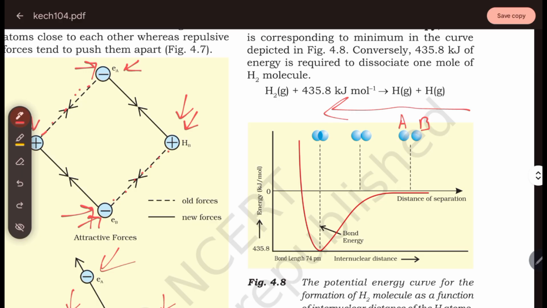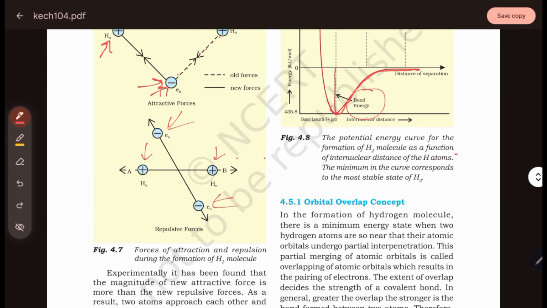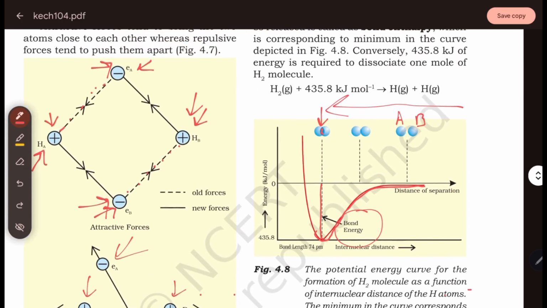When the distance is decreasing, we can see the energy is becoming lower and lower, and there occurs a minimum energy, where the bonding of the atomic orbitals is occurring. There is a region which is common to both, and this is the overlapping region of the atomic orbitals. The decrease in energy is the bond energy for the formation of 1 mole of such bonds. So this is the potential energy curve for the formation of the H2 molecule.